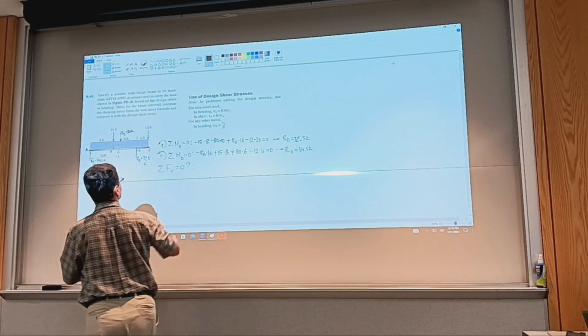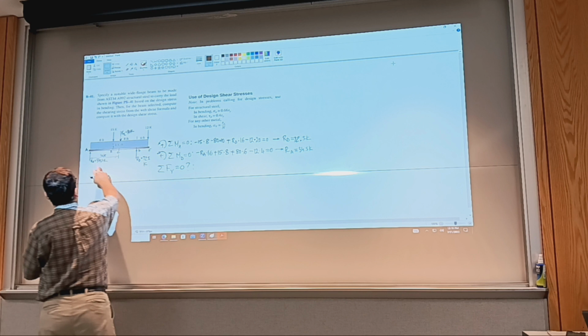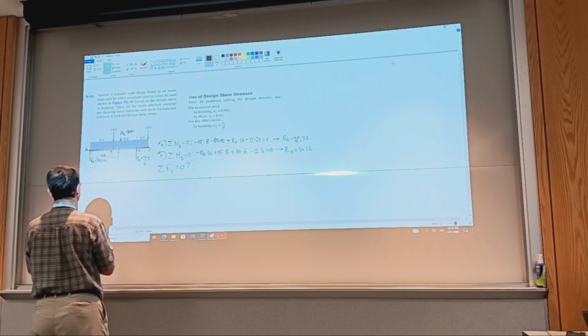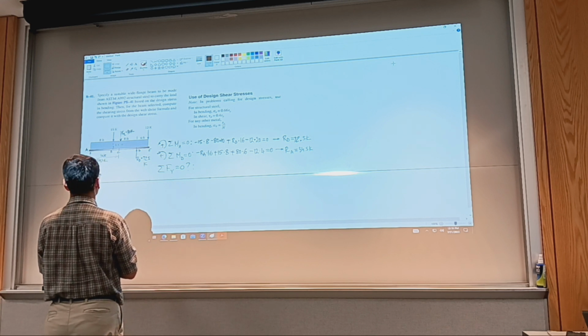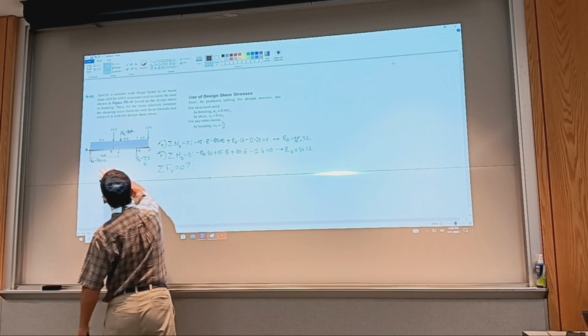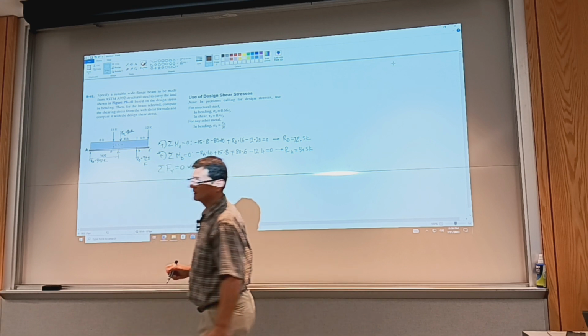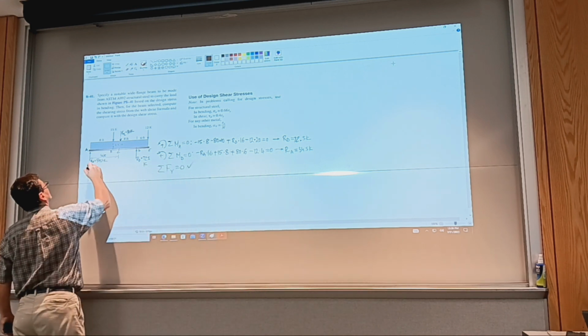Okay, so again, 72.5 plus 34.5, negative 15, negative 80, negative 12, and this is 0. So yeah, found a mistake, fixed it. It verifies. Now I can invest into drawing the shear force and bending moment diagram.